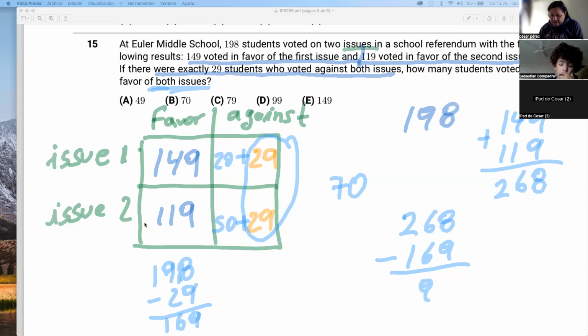We will have 99. Okay. Do you understand the idea? Sí. I think that we will have here, okay.